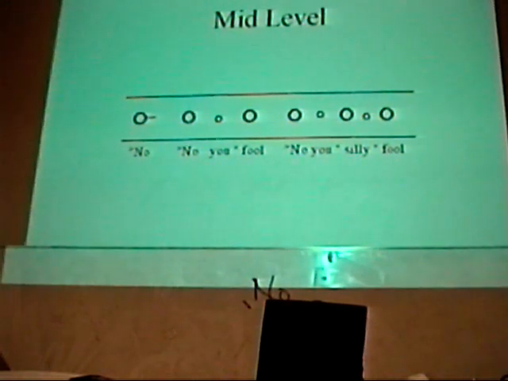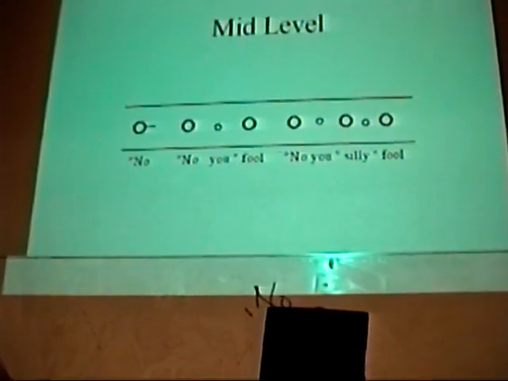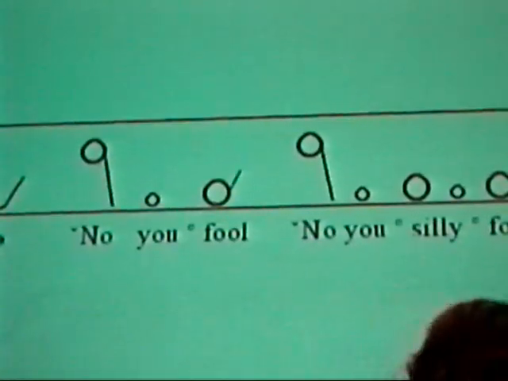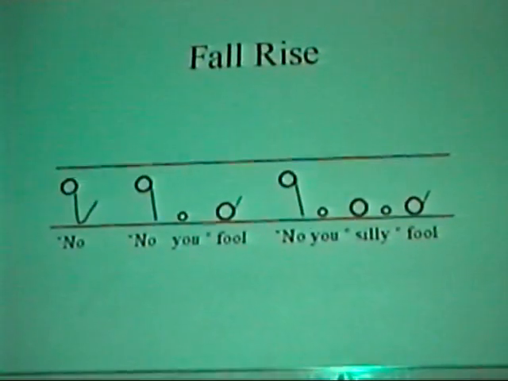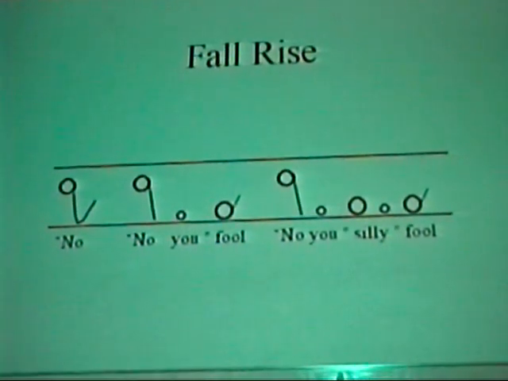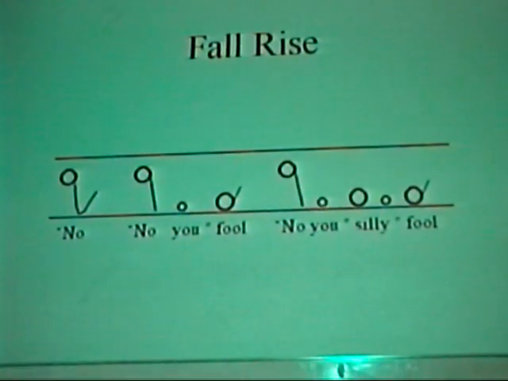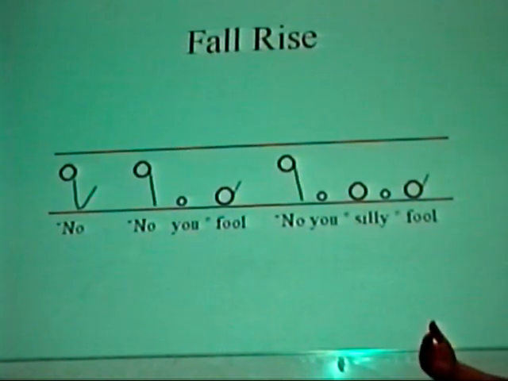Okay, and you can see the next one of these, I think it's on the second page of your handout, a very important nuclear tone, and it's called fall-rise. It's complex in two ways, really. One, that it does change its mind in the middle, and two, it stretches itself out and falls in one place and rises in another.